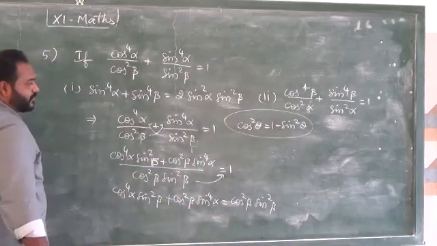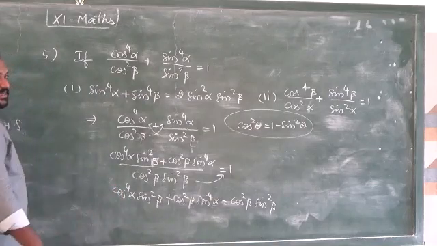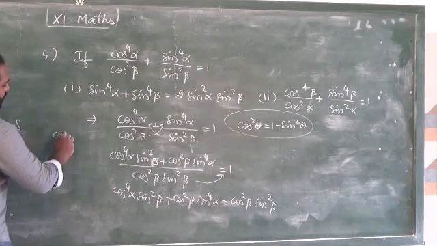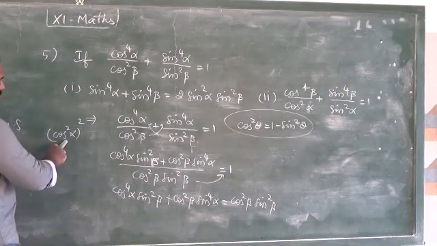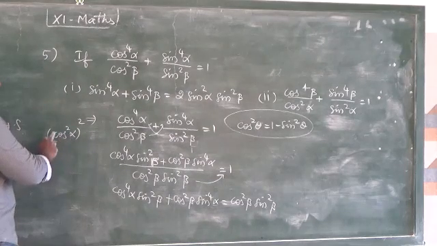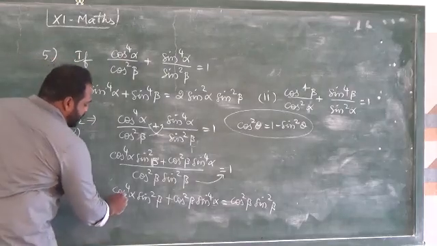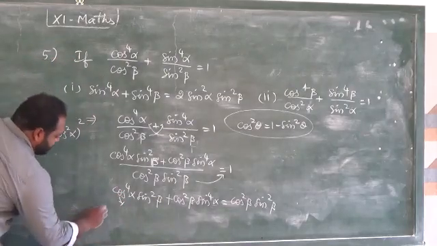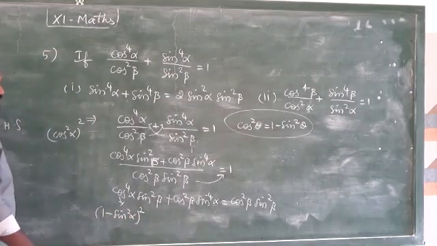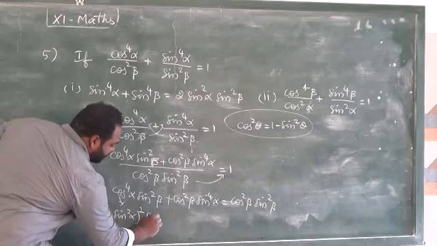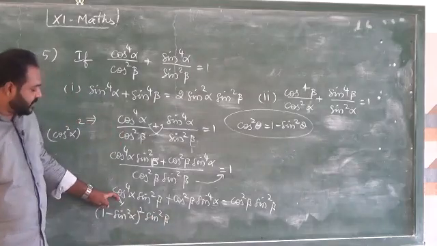So cos power 4 alpha can be written as cos square alpha whole square, because we need only cos square. Then only we will use this identity. So cos power 4 alpha can be written as 1 minus sin square alpha whole square. Next, sin square beta stays as it is, because I told you I only change cos in terms of sin.